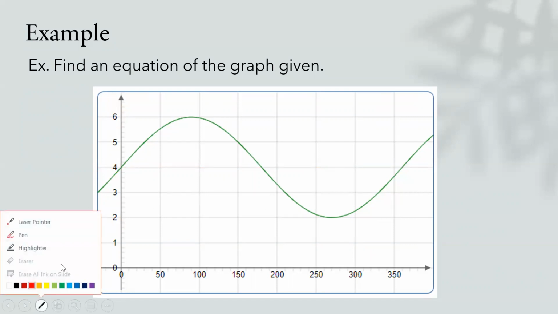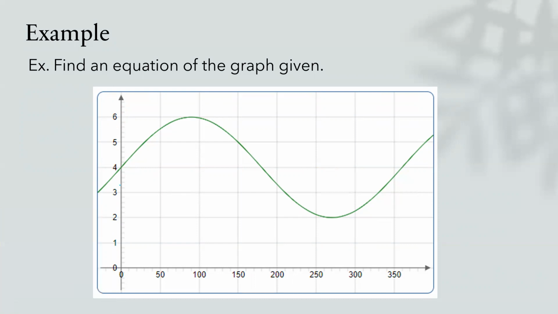Okay, there we go. So we can see here that the amplitude in our case is simply going to be 2, because if our equation of the axis of the curve is 4, then our amplitude is just the distance from the equation of the axis of the curve to the max, which is 2, or the distance from the equation of the axis of the curve to the minimum, which is 2.